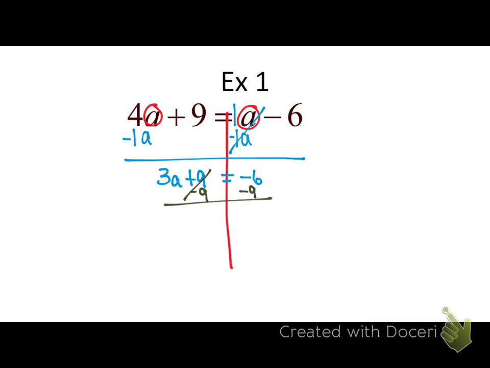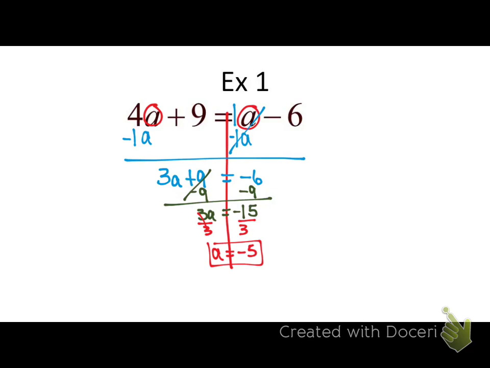So on my left side, I have 3a equals negative 15. Good. Last step. Divide by 3. So a is going to equal negative 5. There we go. Nice job. Not too bad, is it? Nah, not bad. Good. Do you think I'm going to make them harder?